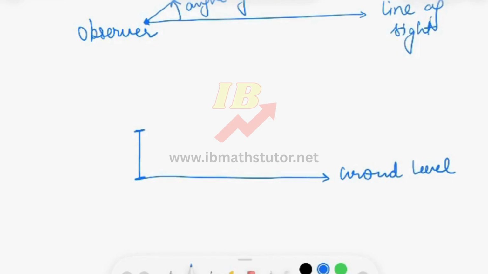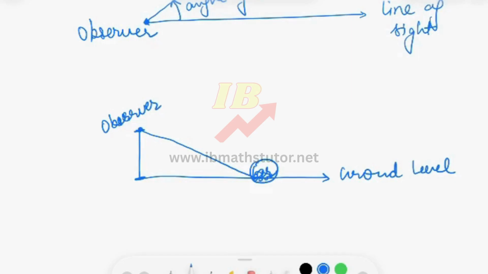Your observer is here, and you're seeing some car, right? I'm sorry, I'm making a very bad figure here. But let's take that this is a car moving here and you're watching it from here.